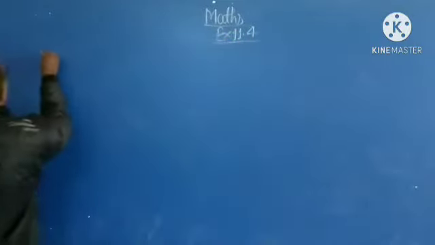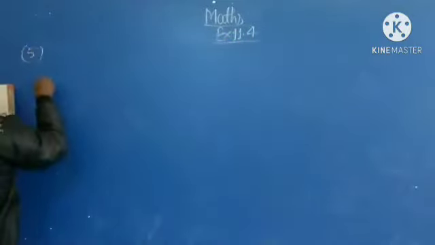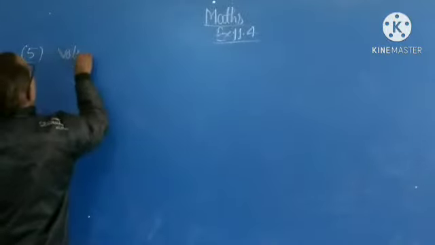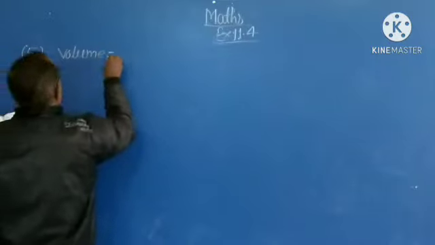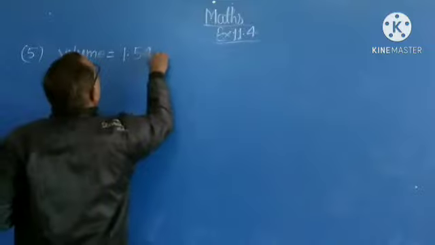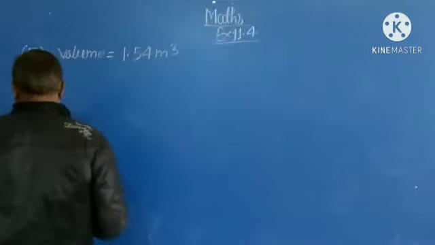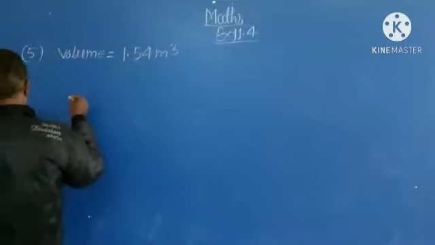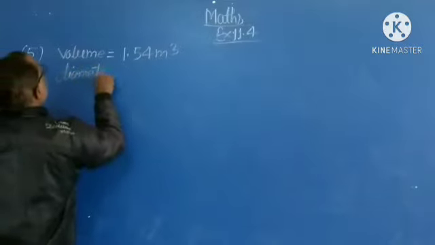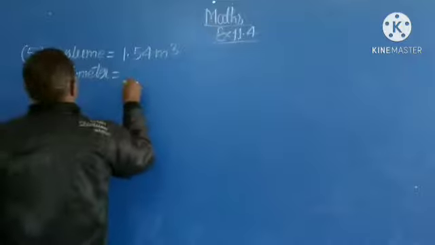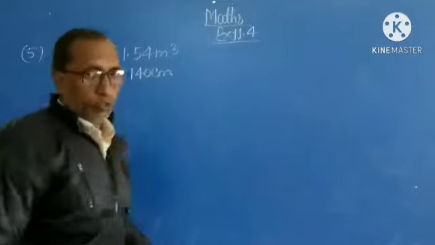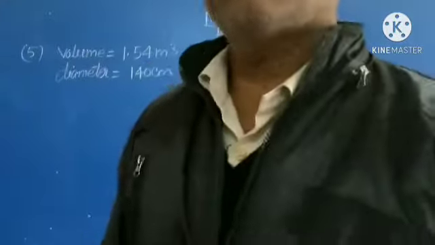Volume of the cylinder: volume is equal to 1.54 meter cube, and diameter of the cylinder is equal to 140 centimeter. Then you find out the radius of the cylinder.